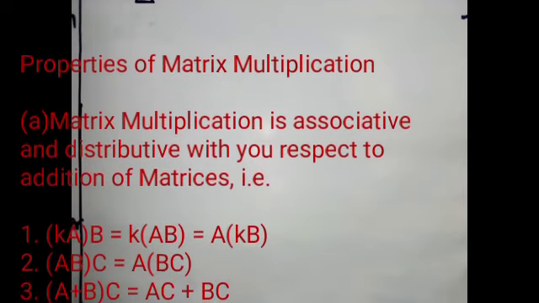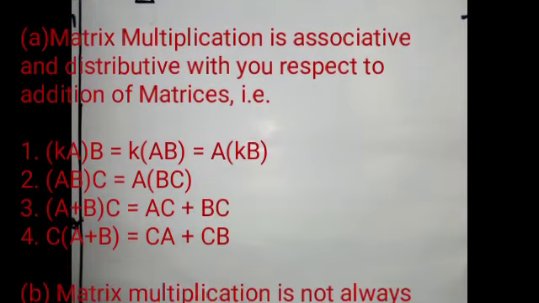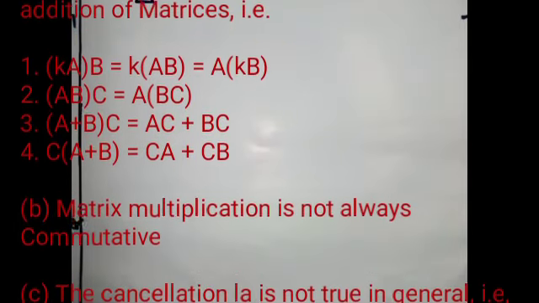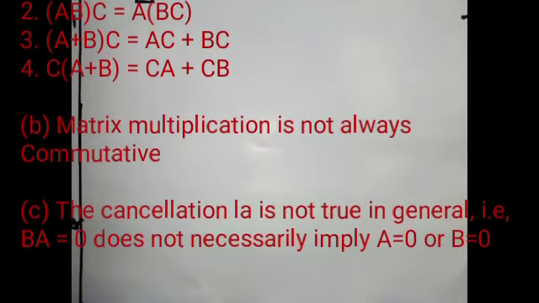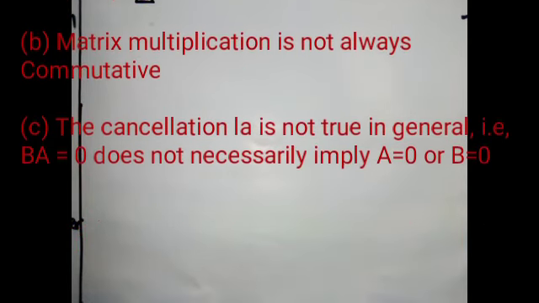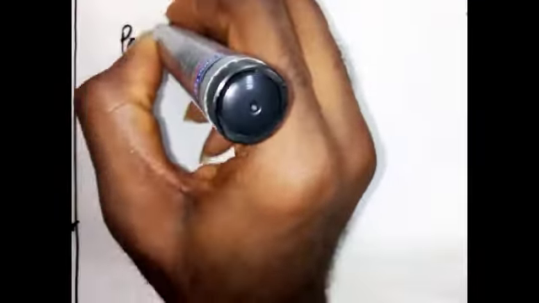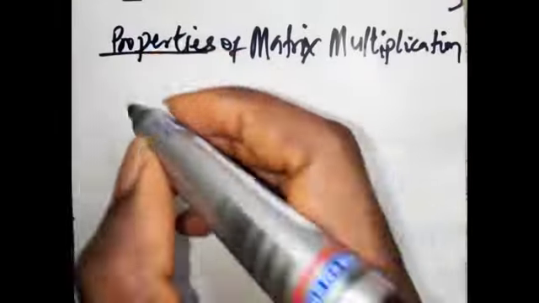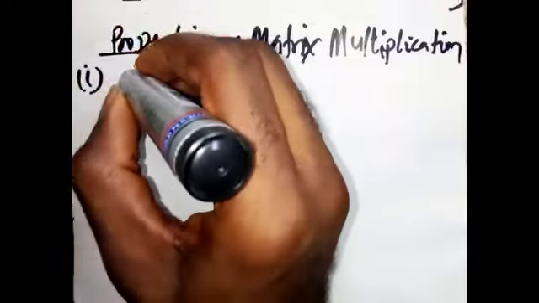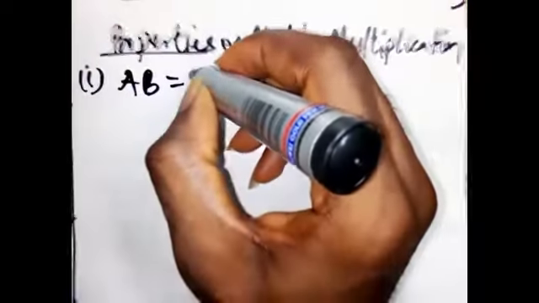So up next, we'll look at the properties of matrix multiplication. Matrix multiplication is not always abelian or commutative, as the case may be. That is, it is not in all cases that AB is equal to BA.